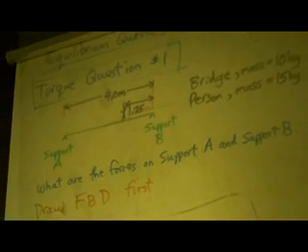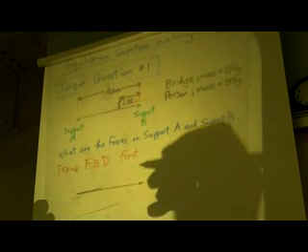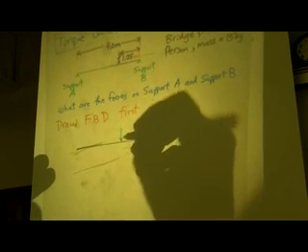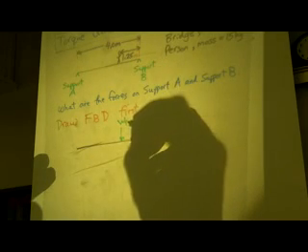And I want to draw all the forces acting on that bridge. So I've got a person standing here, and their mass is 15 kilograms. They have a weight due to that mass, and that's the weight of the person, okay? The bridge has a weight too. And do you guys know where the weight of the bridge is?